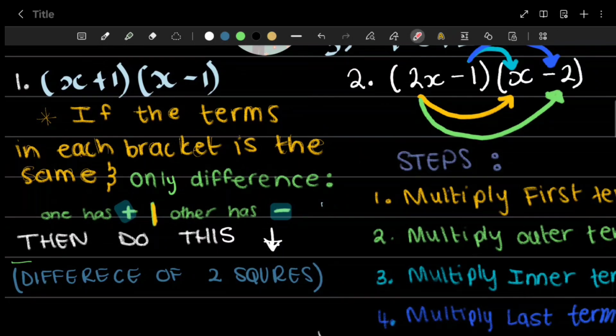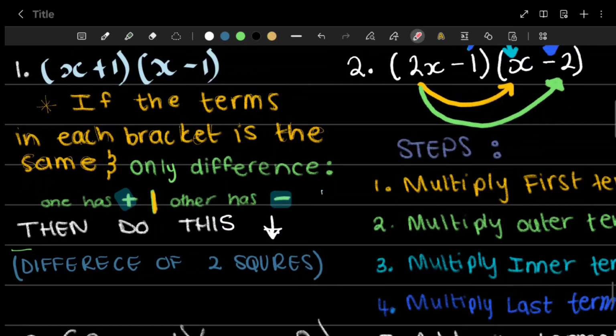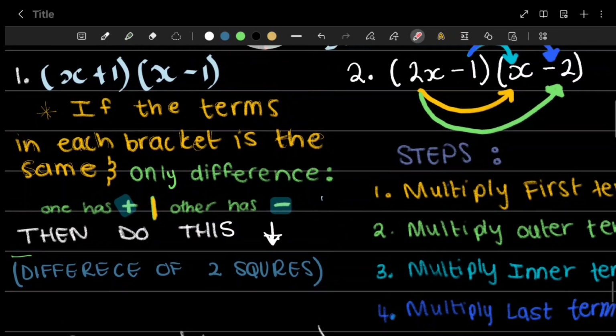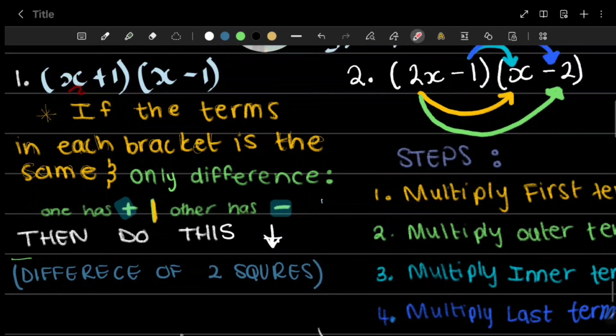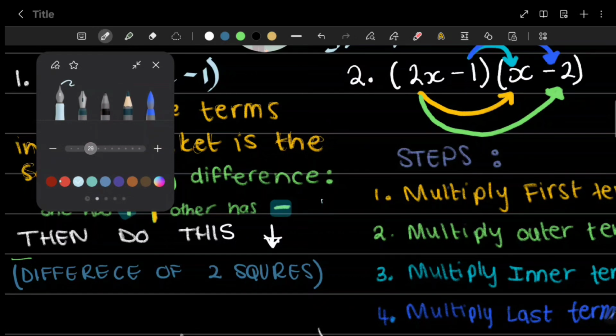It's basically like a trick, and that is follow the same layout that we would follow if we were to factorize a difference of two squares. And remember, when we're doing expanding or expansion, it's actually the opposite of factorization. So you would basically just say, let me just change the color.